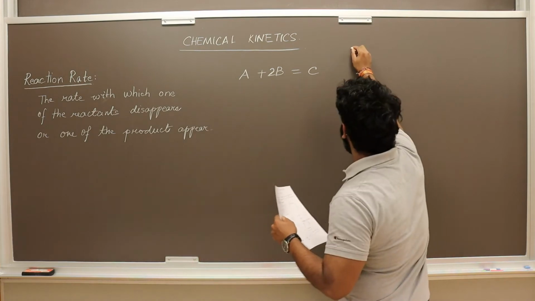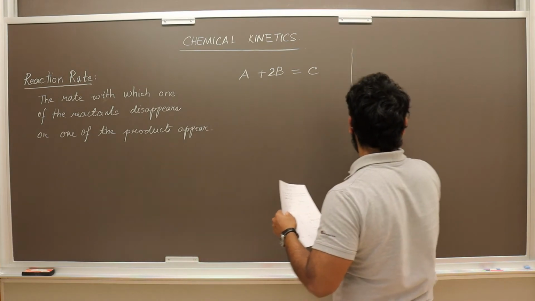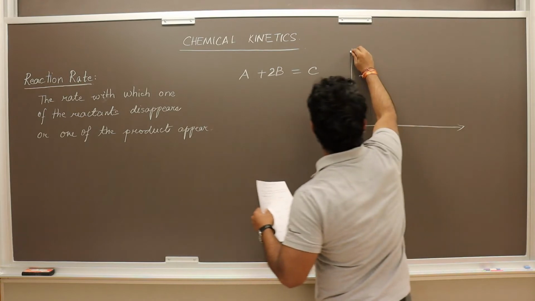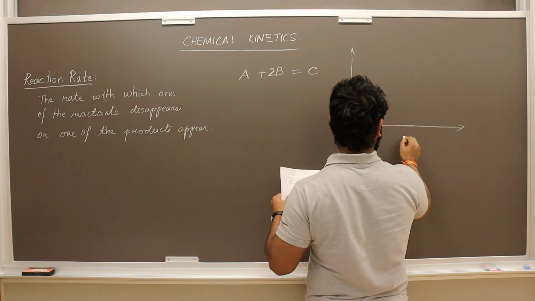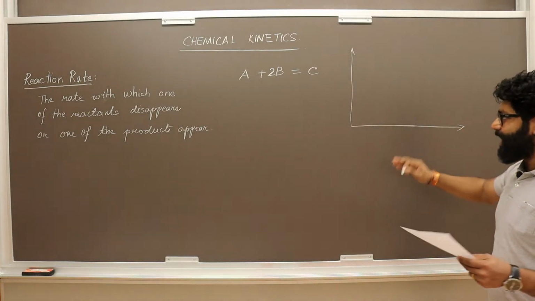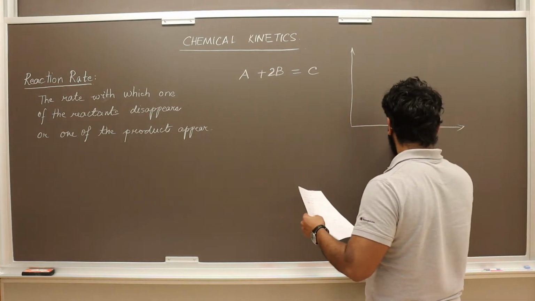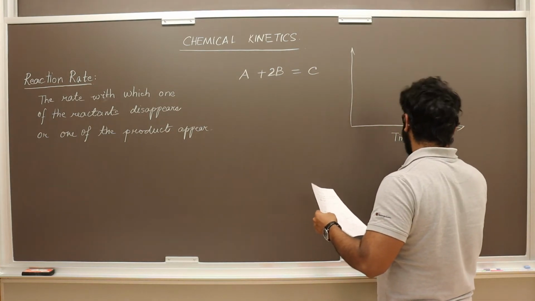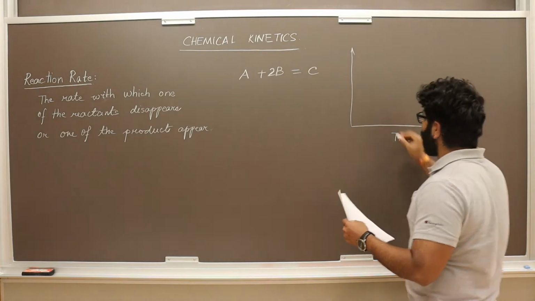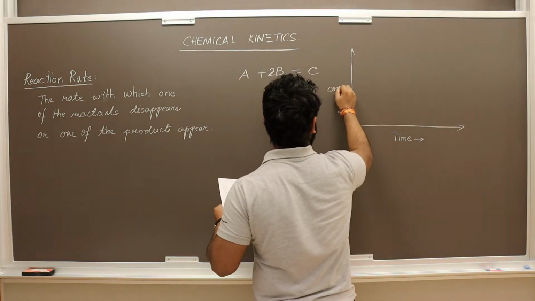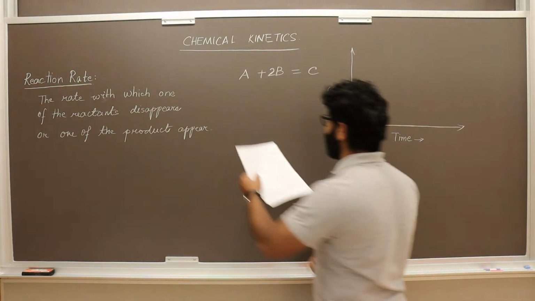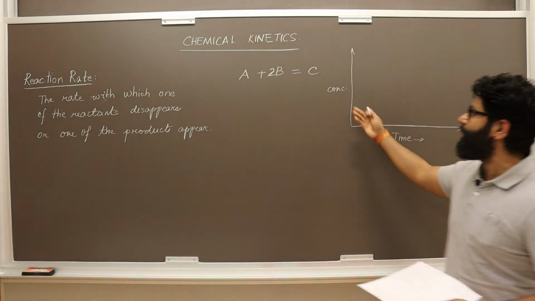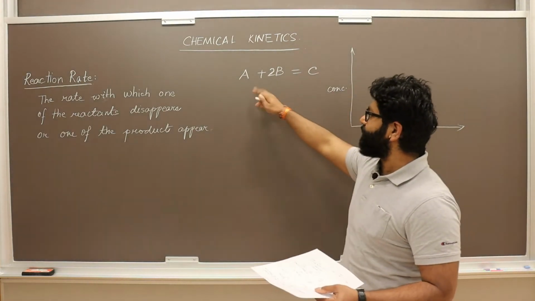So if we are doing an experiment in which the x-axis is time, measured in time units, and here this is the concentration of any one of these. So for the first example, let's see how the concentration of A changes.